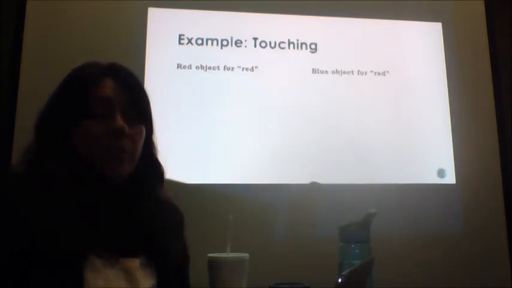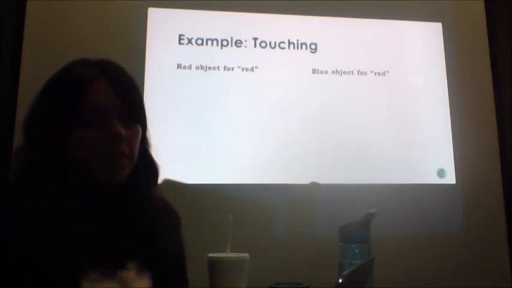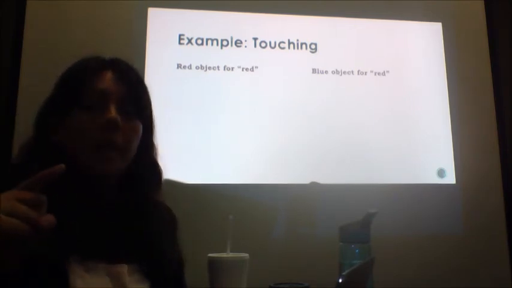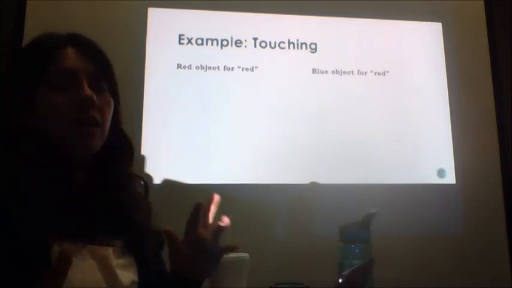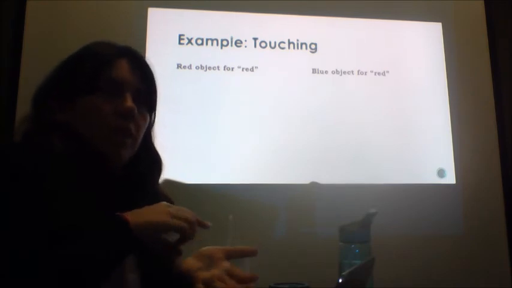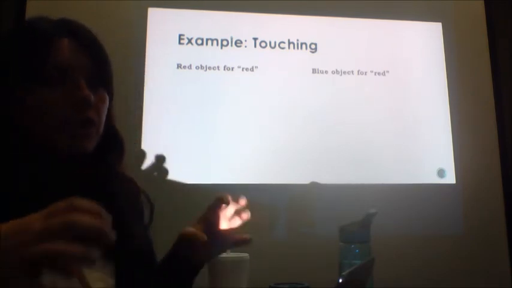So this is an example for something you'd be doing with, actually, this is also an example for typically developing kids, but also for our kids. So the behavior is touching. And this is kind of weird to understand, but one setting is touching the red object, and then the other setting is the blue object. They're really just stimuli in front of you.